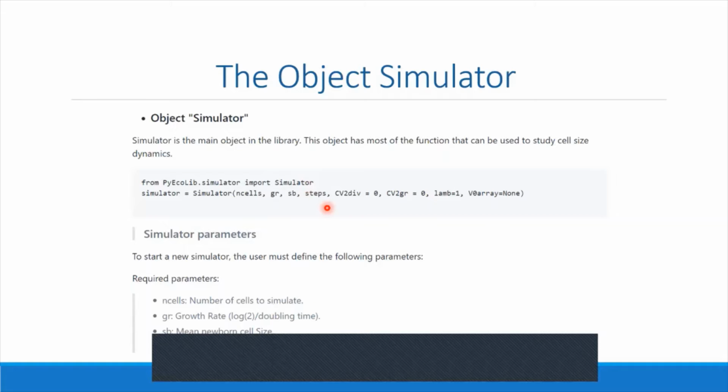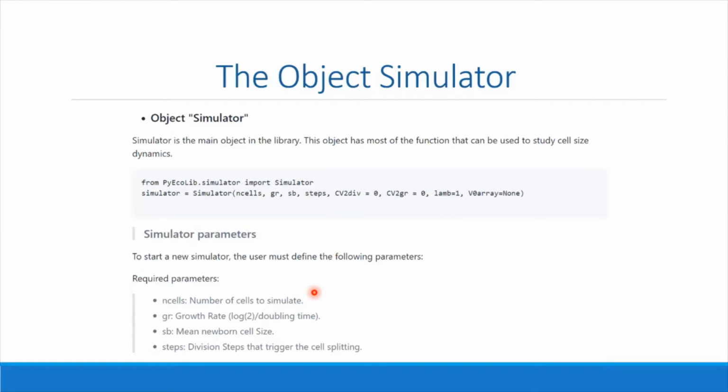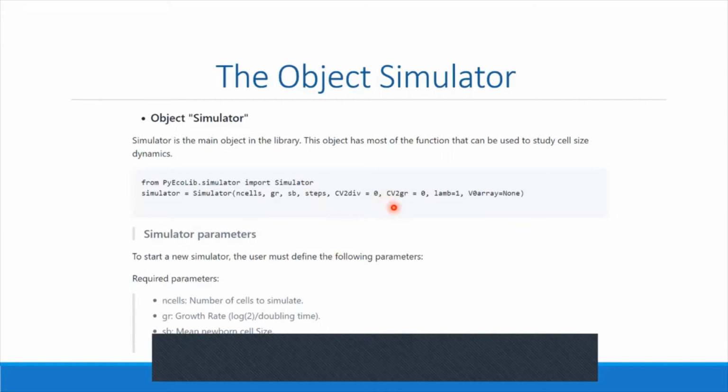Steps are the division steps that trigger the cell splitting. I'm going to explain this parameter better in following slides. Other parameters, CV2div, CV2gr, lamb, and V0array, I want to explain later.